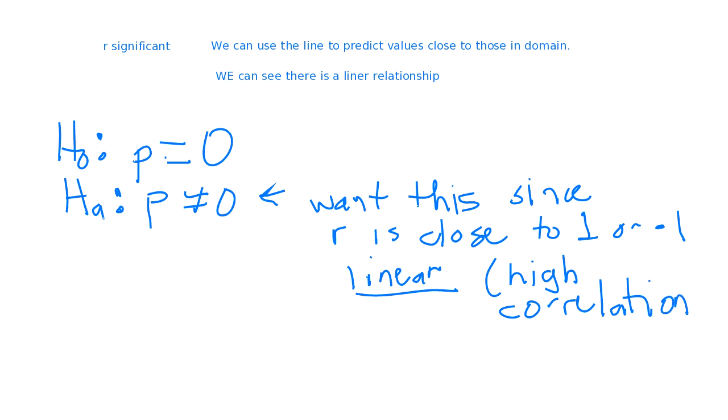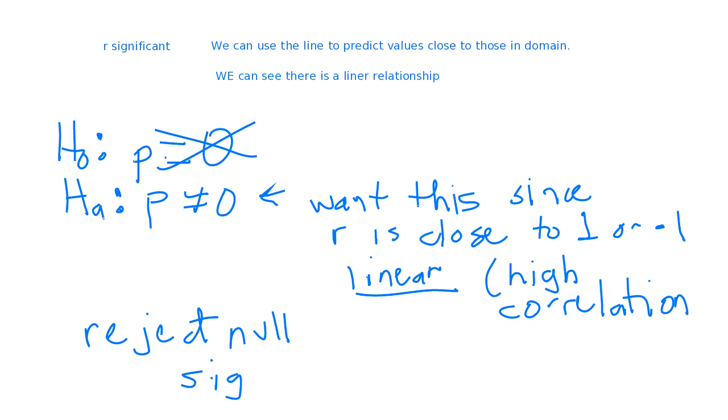So if you reject the null, it's significant. And that happens when P is less than 0.05.